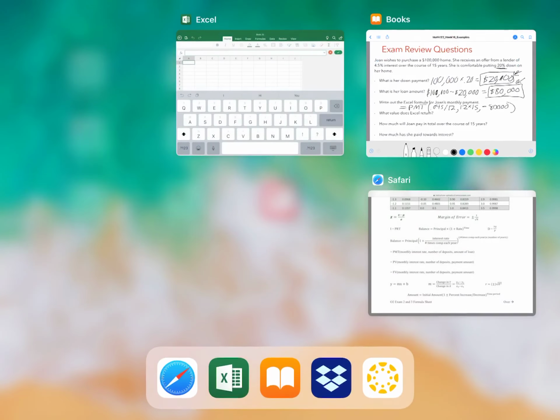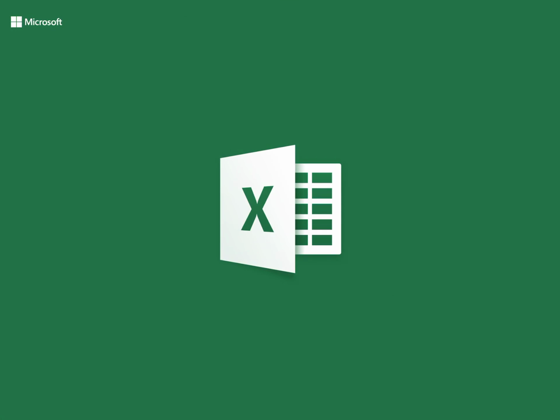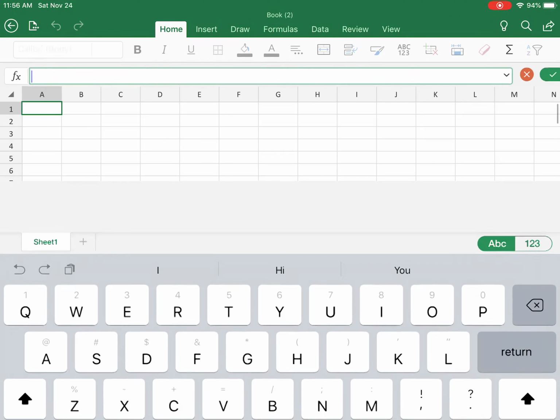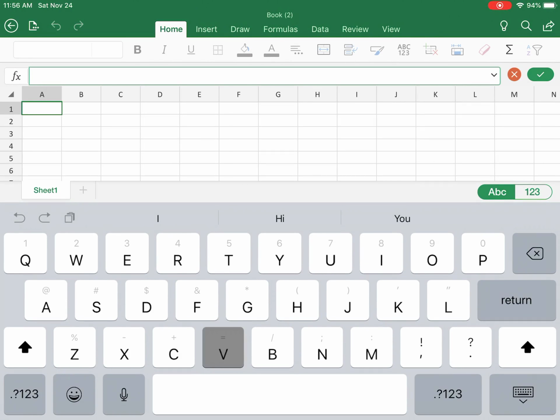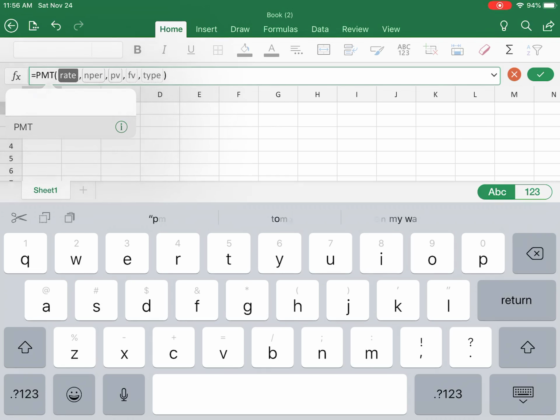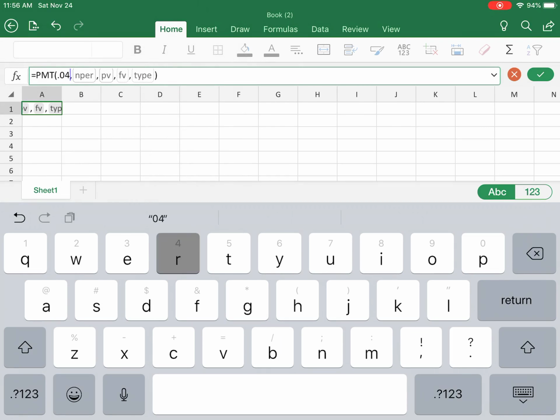So let's go to Excel. Open up a blank workbook here. Okay. So this one, we said we were going to use equals PMT. And then it tells us we're going to put the rate, which is going to be 0.045. We want to divide by 12.